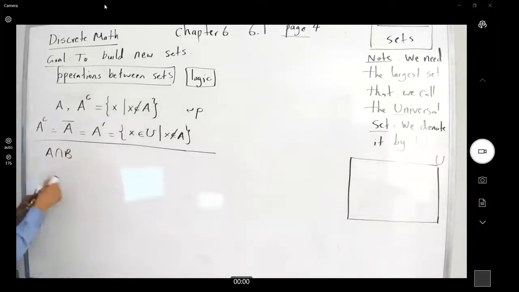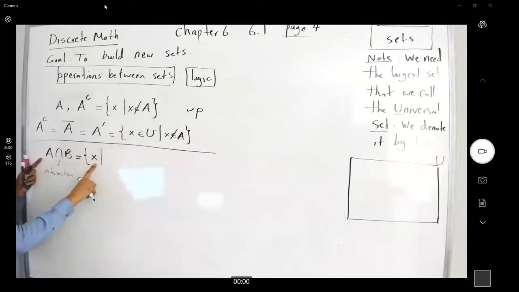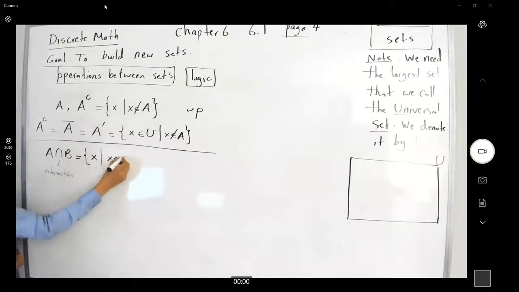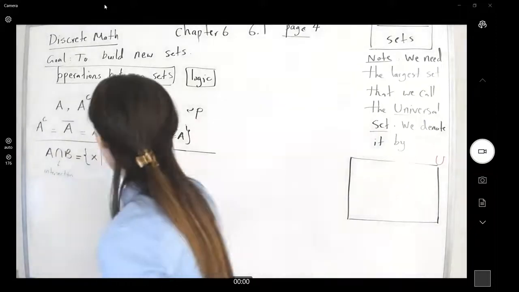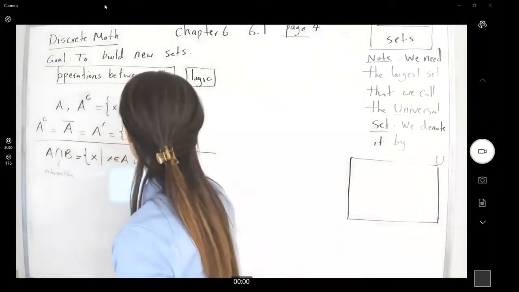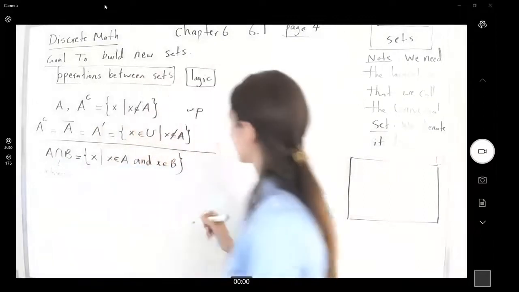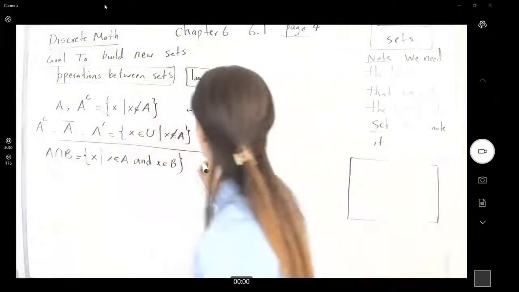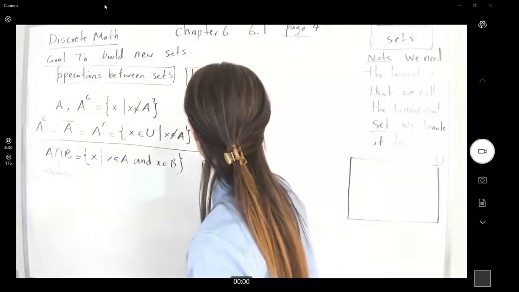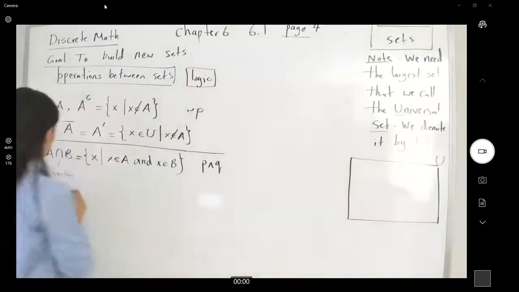The intersection is the set of all elements X such that X belongs to A and X belongs to B. Logical equivalent, P and Q. This is the intersection.